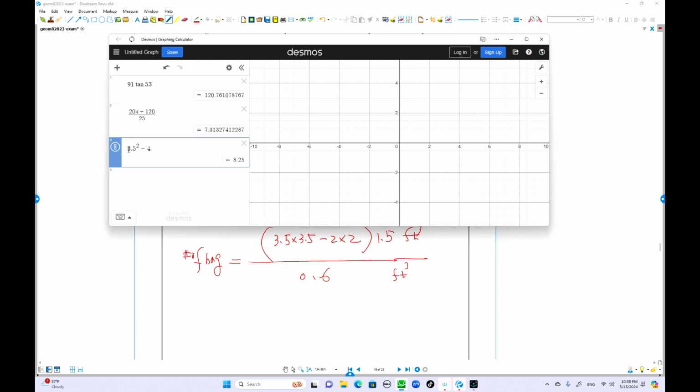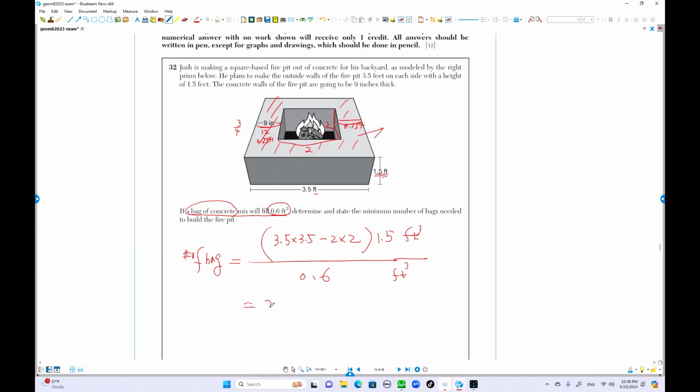I need to write the parentheses over here, another parentheses, and times 1.5 over 0.6. So 20.65, we need 21 bags of concrete, okay?